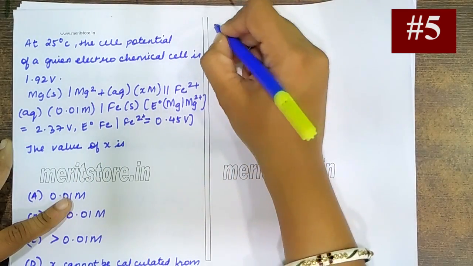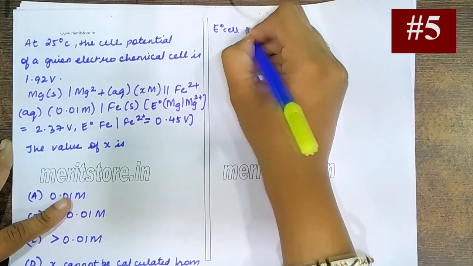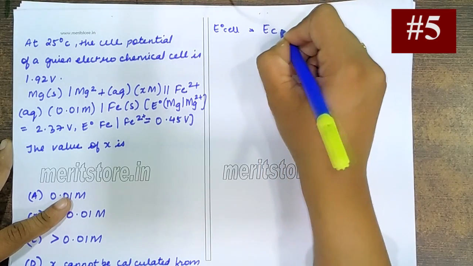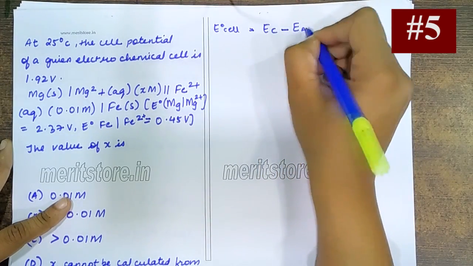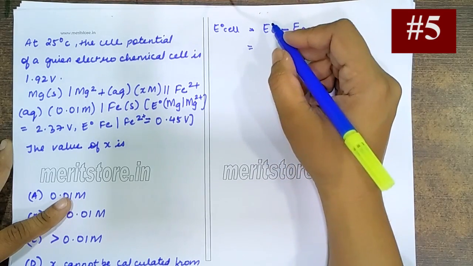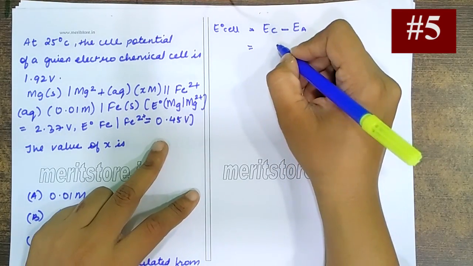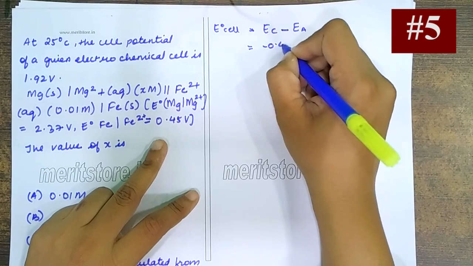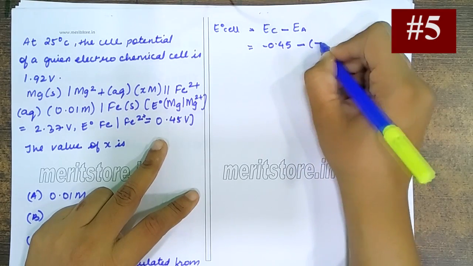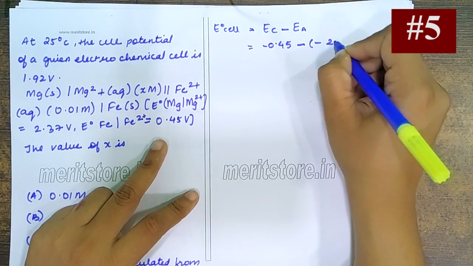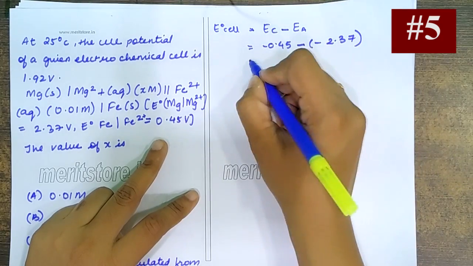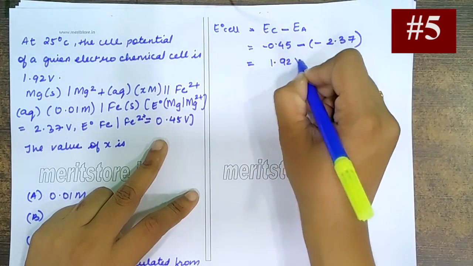We have a formula: first of all, E0 cell is equal to E cathode minus E anode. Now our cathode is Fe, so Fe given is minus 0.45 minus 2.37. So this will be 1.92 volt.